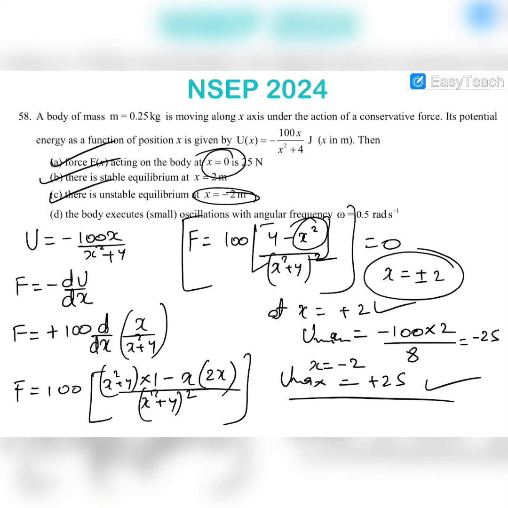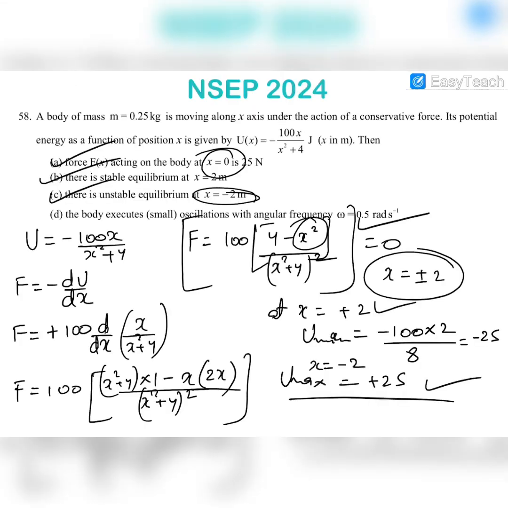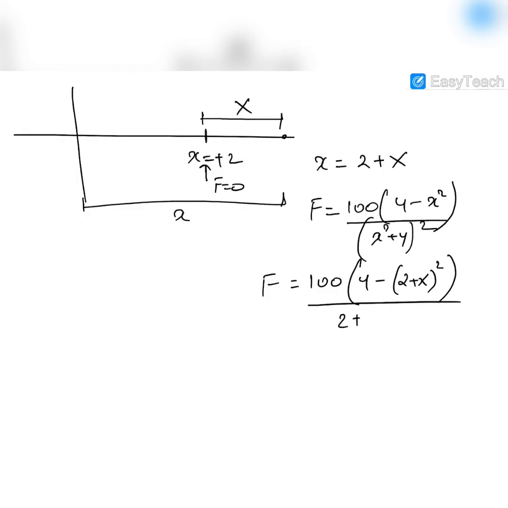So we can put this small x in this equation. F is 100 into 4 minus x square upon x square plus 4 whole square. So F will be 100 into 4 minus 2 plus X whole square, divided by 2 plus X whole square plus 4.